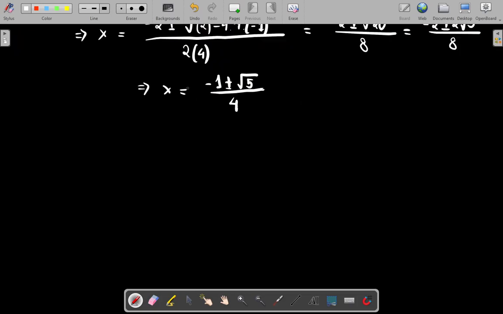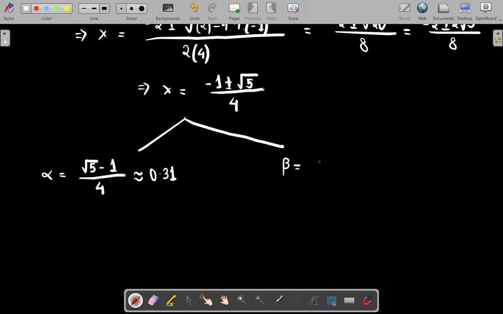So there are two roots from this. Let one root, alpha, be root 5 minus 1 upon 4. This value is approximately 0.31, and the other root beta is minus root 5 minus 1 upon 4, and this value is approximately minus 0.81.